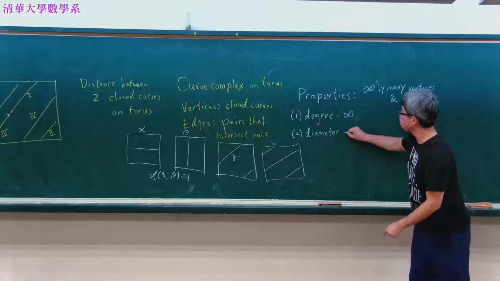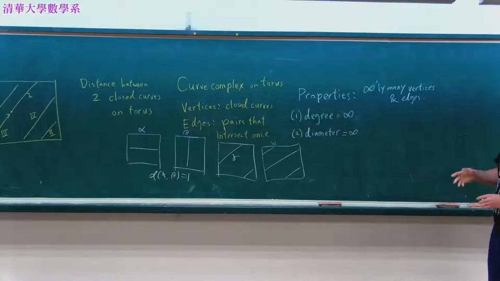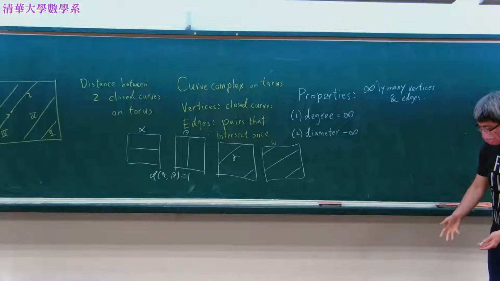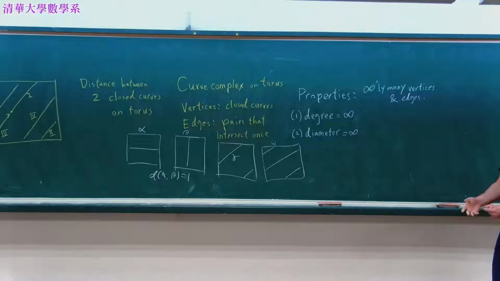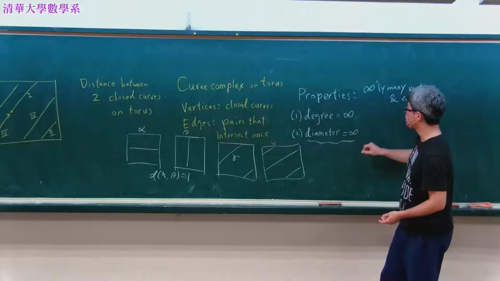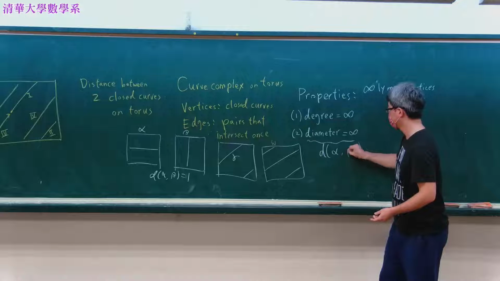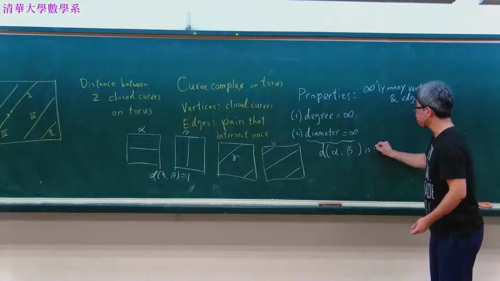And the diameter is also infinity. Despite the fact that every point has infinitely many neighbors, there are still points that are infinitely far apart. And so we should mention again, the distance between two curves is the graph distance.